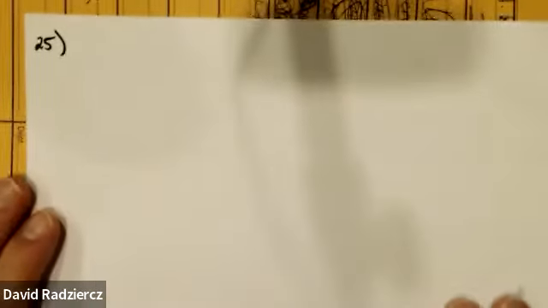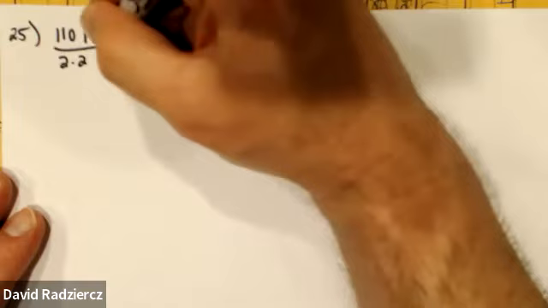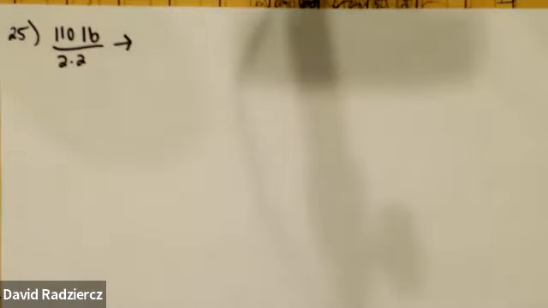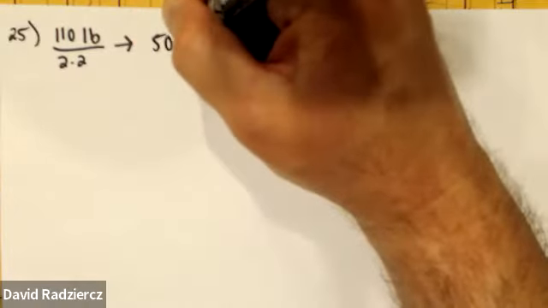In this scenario, the patient weighs 110 pounds. Divide by 2.2, and that will give me, is it 55? Or 50, sorry. It will be 50 kilograms.